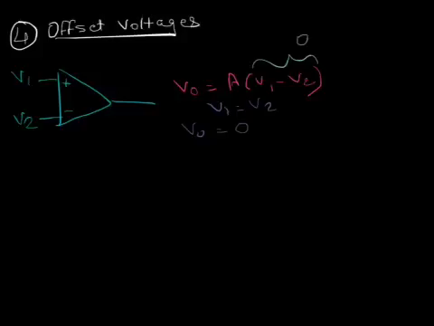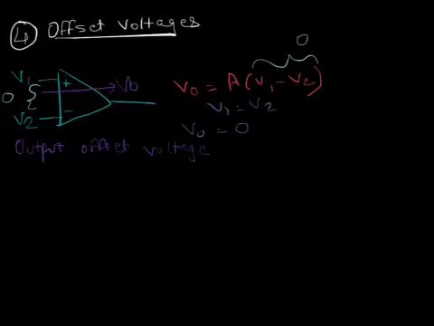So when the differential input voltage is 0, the voltage that we see at the output corresponding to this 0 input is called the output offset voltage. And now we know that this is not the expected behavior. What we want is if we give inputs to be 0, output should become 0.